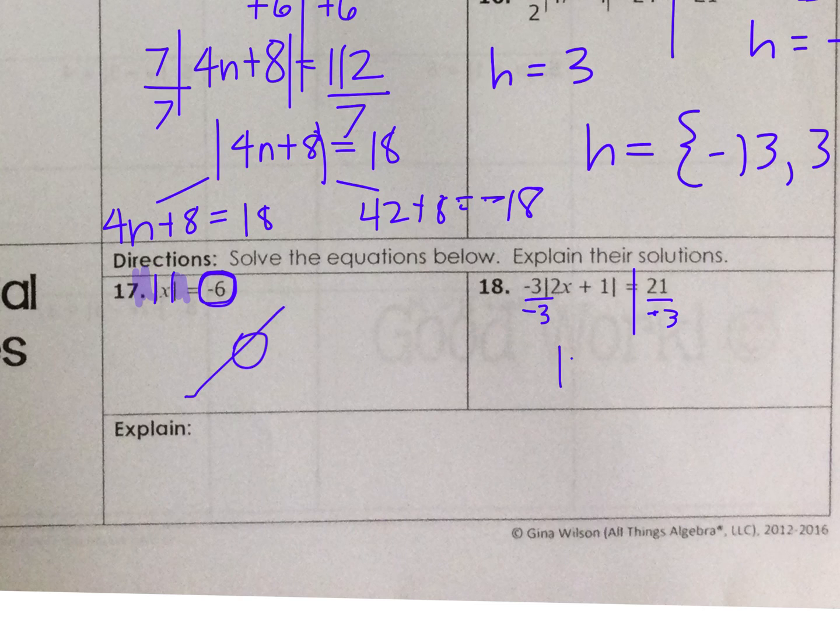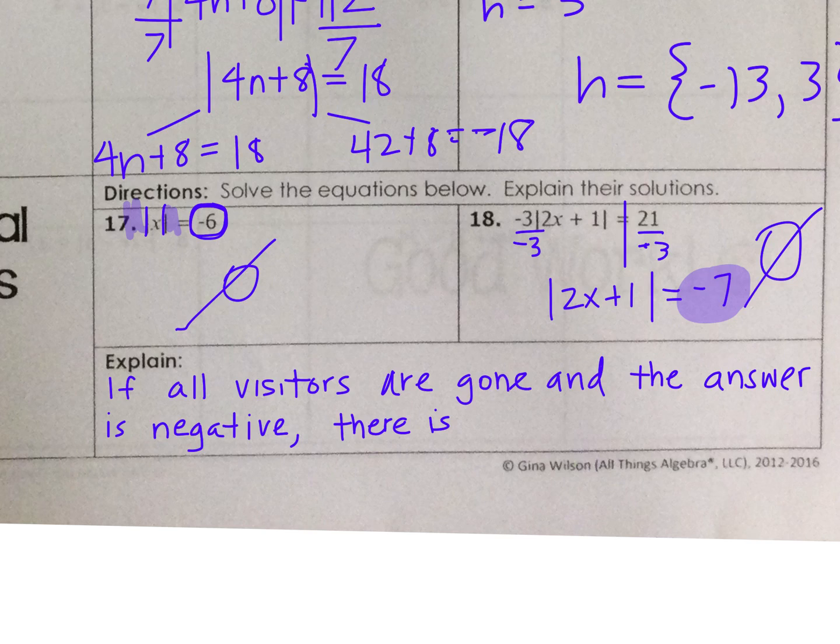And I'm left with 2x plus 1, still an absolute value, or in jail, equals negative 7. My answer right here is negative. When he gets out of jail, he is definitely going to recommit a crime because he is a bad baddie. So I can't let him out of jail. There is no solution for that. So what I am trying to say is if all the visitors are gone and the answer is negative, then there is no solution.